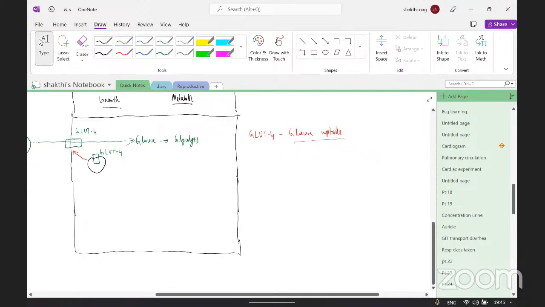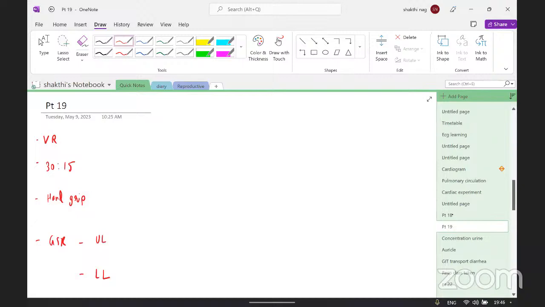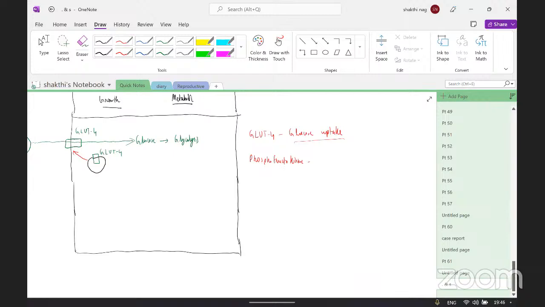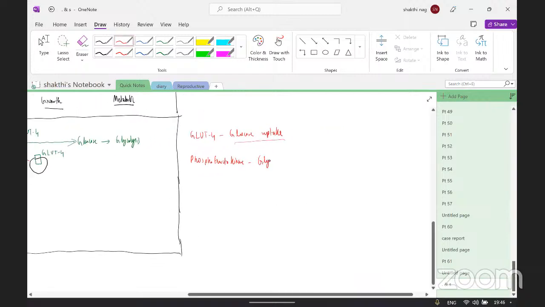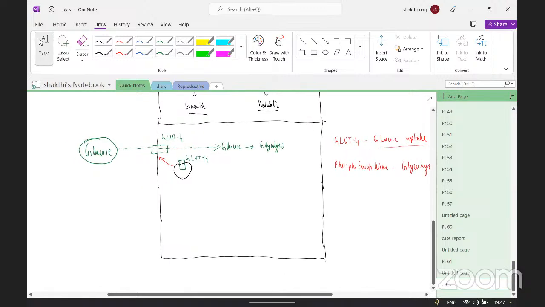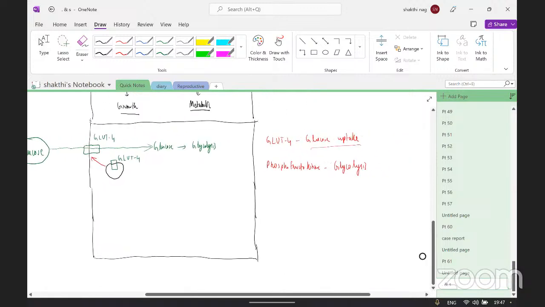Okay, another thing it does is it acts on a particular enzyme, phosphofructokinase, and stimulates it to increase your glycolysis. That means glucose is first of all taken into a cell, and that glucose is utilized now for energy. So glucose becomes the major source of energy right now.